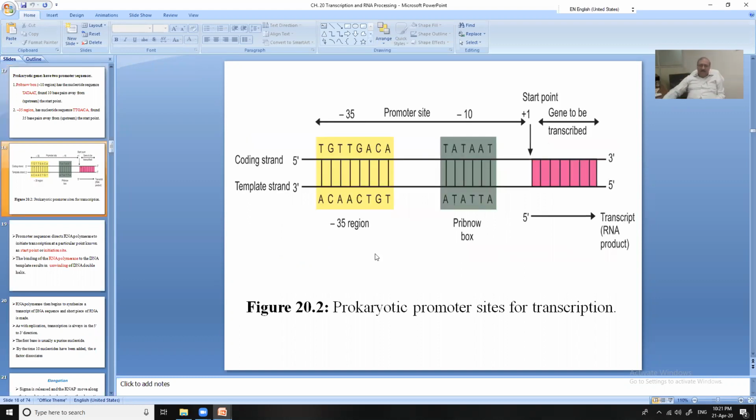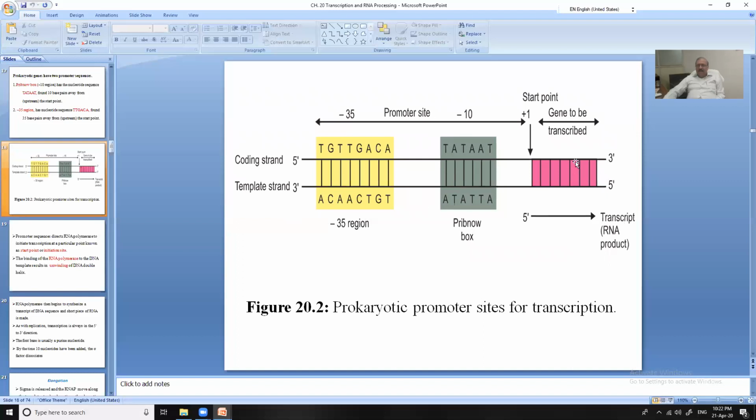You see, this is the -35 region, TTGACA, and this is the Pribnow box, TATAAT. They are the constituents of the promoter site in the DNA.